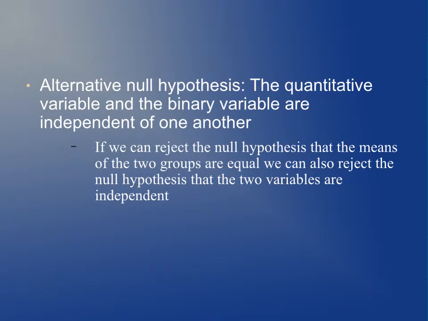If you can reject the null hypothesis that the means of the two groups are equal, that implies that the mean of the response variable varies according to the value of the predictor variable, so that they're not independent.